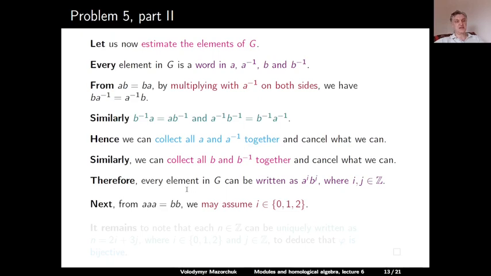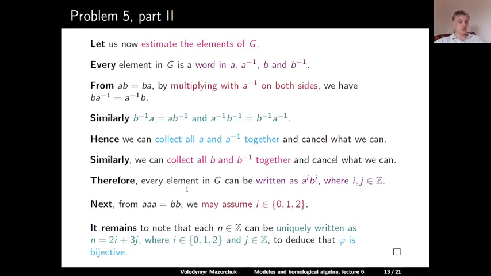Next, we use the relation that A cubed is equal to B squared. Using this relation, we can reduce i modulo 3, because any A cubed can be rewritten as B in some power. And so we may assume that i belongs to 0, 1, or 2. So we pick some representatives of integers modulo 3.